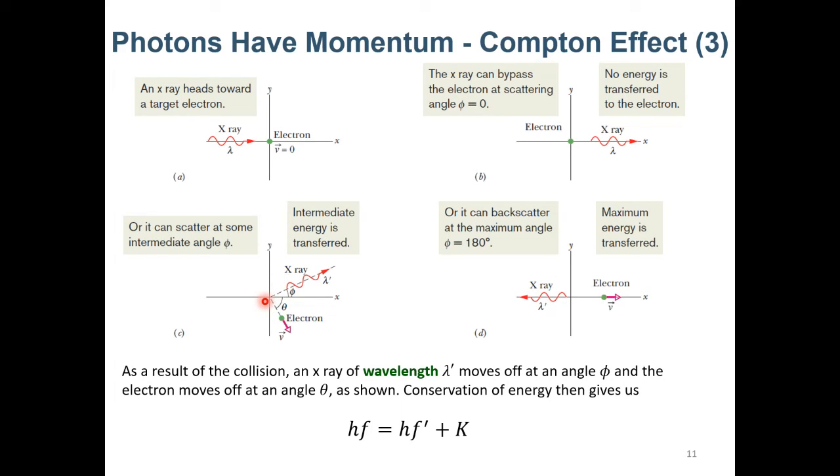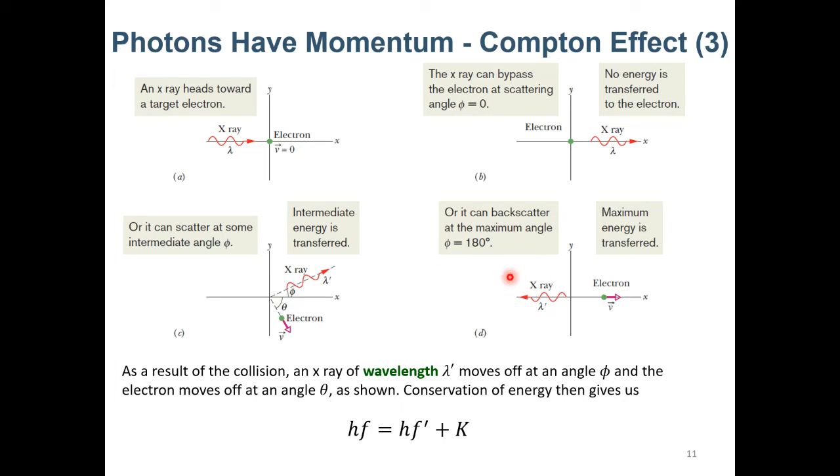The photon of the X-ray collides with the electron, so the X-ray goes in another angle and the electron goes in another angle, and it should satisfy the conservation of momentum.